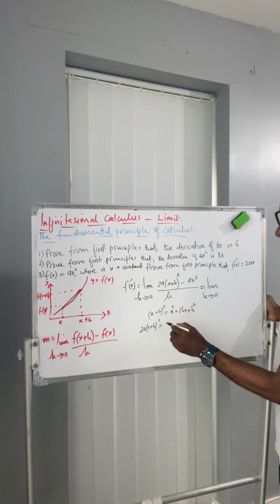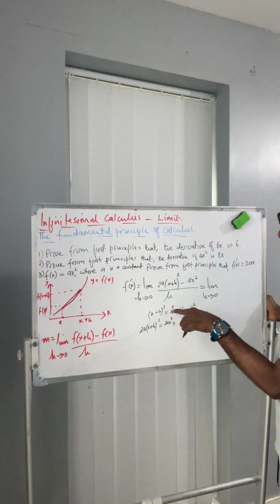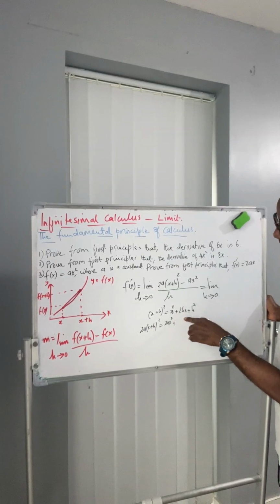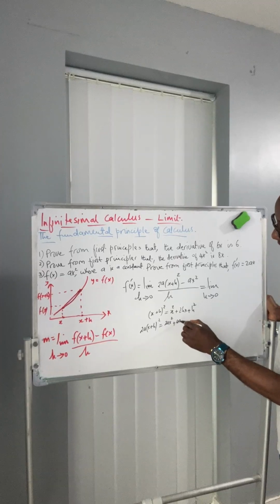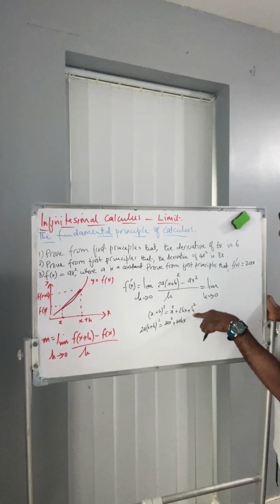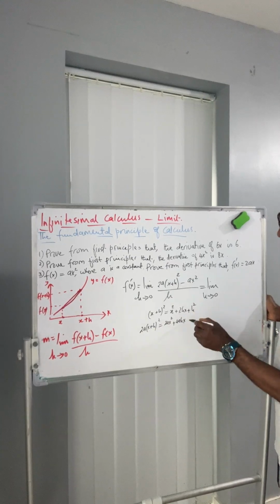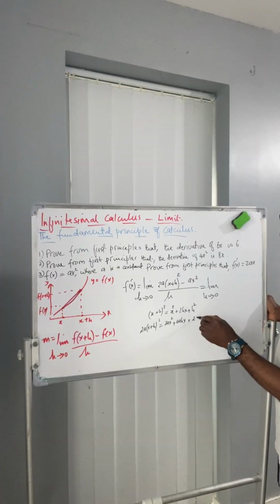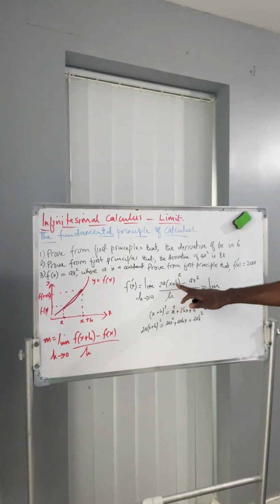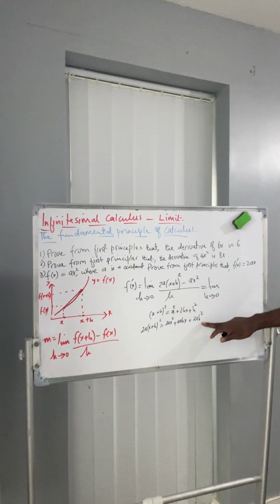So this 2a, you will get here 2ax squared plus, you multiply this by 2a, so you'll get in 4ahx, and you are multiplying this by 2a, so you'll get in plus 2ah squared. So this is what you get when you expand this whole thing.